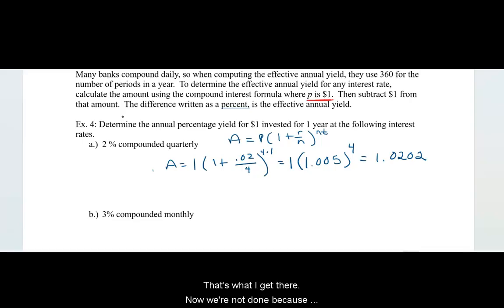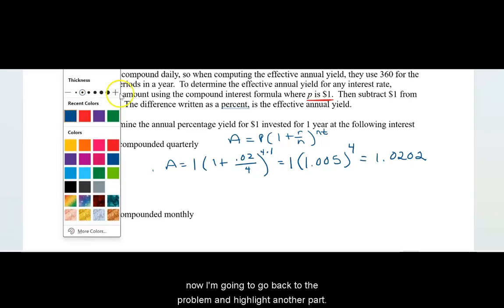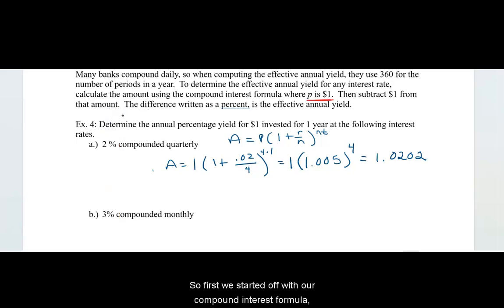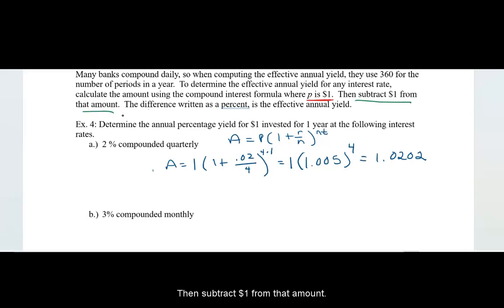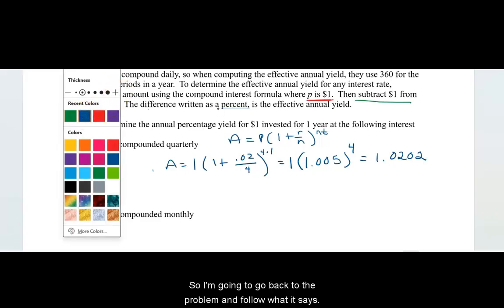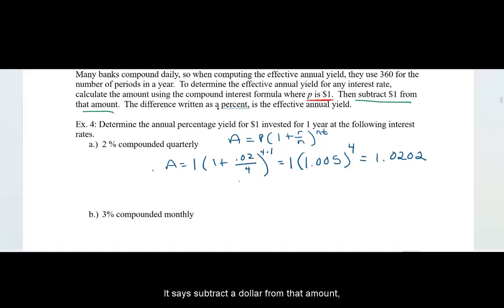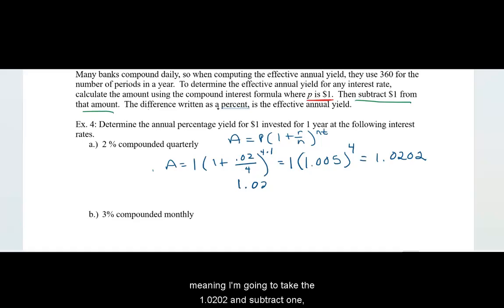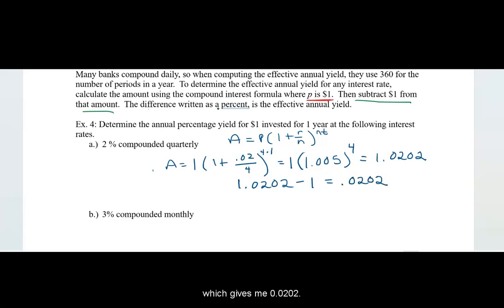Now we're not done, because now I'm going to go back to the problem and highlight another part. First we started off with our compound interest formula where P is $1. Then notice what it says: subtract $1 from that amount. Your difference we will then write as a percent. So I'm going to take the 1.0202 and subtract 1, which gives me 0.0202.